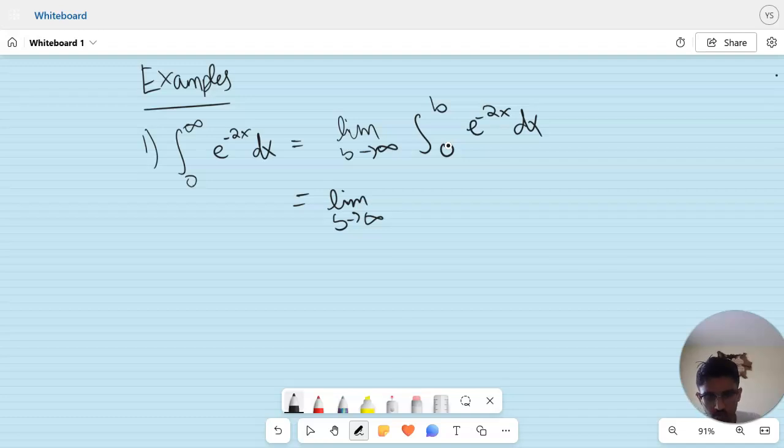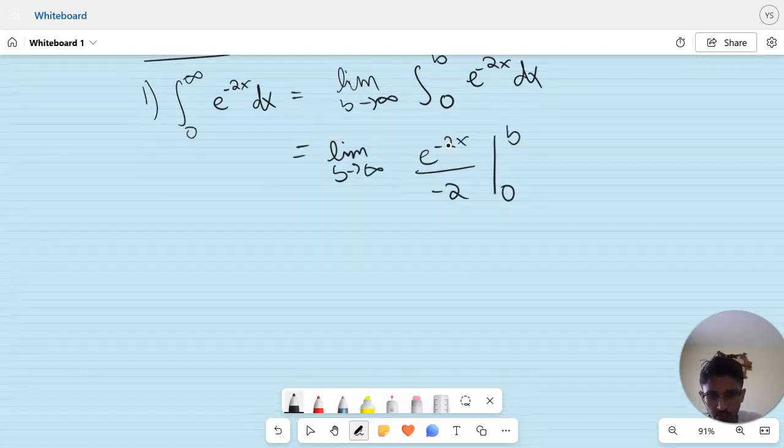We know the integral of e to the negative 2x is just e to the negative 2x over negative 2, because we have that constant in front of x, so the negative 2 comes down. Remember, it's a definite integral, so we're going to make sure we put the bounds over there. The limit as b goes to infinity.